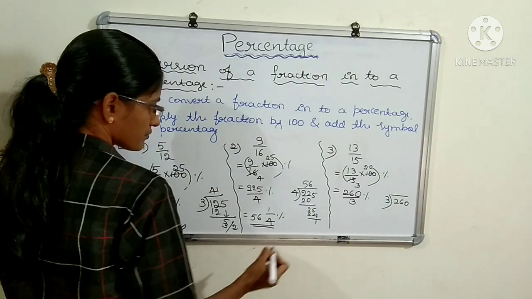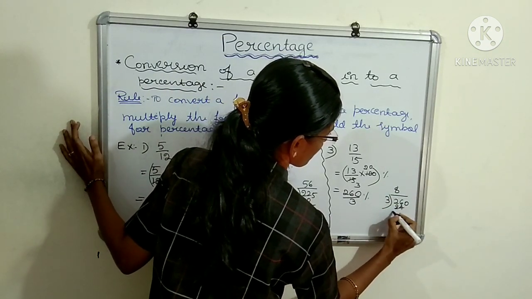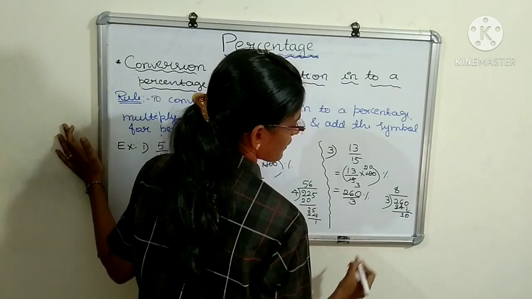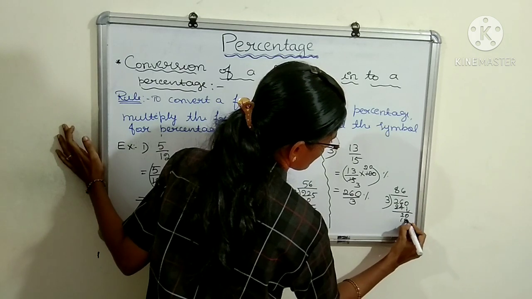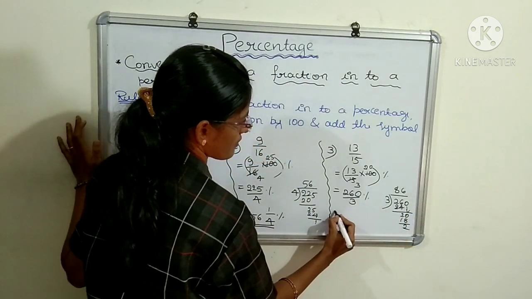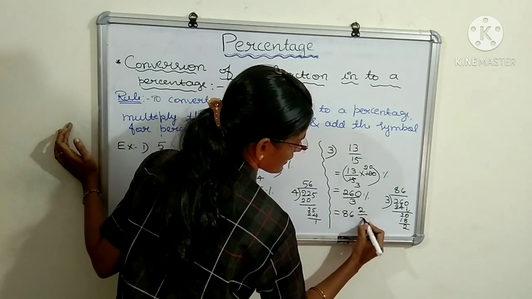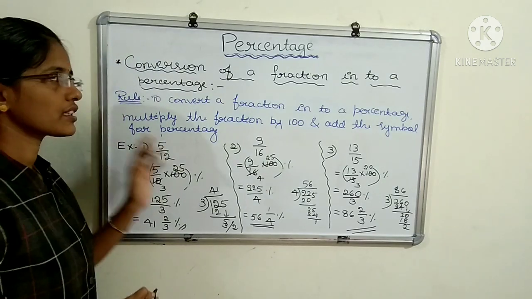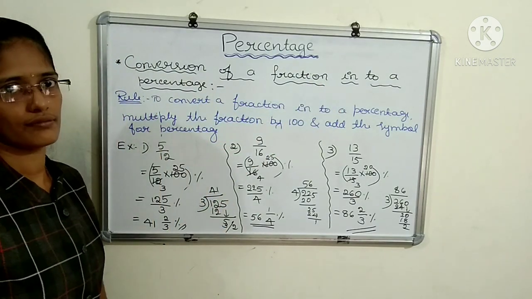Here 3 8s are 24. Here 20. Next 3 6s are 18. 2 left out. Answer: 86 integer 2 by 3 percentage. In this way we can convert a fraction into a percentage form.